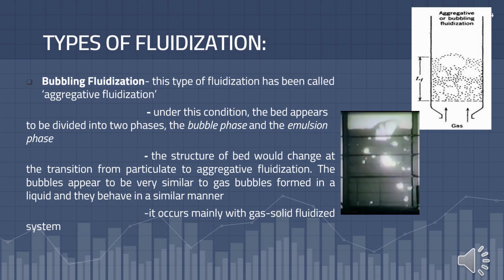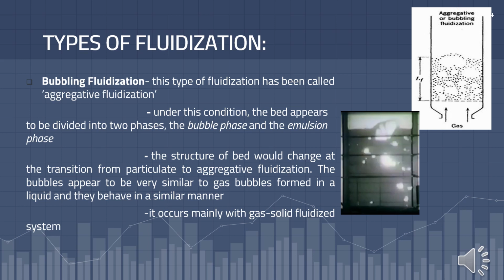Another type of fluidization is when a gas is used as the fluidizing medium. As noticed in the figures presented, as gas velocity increases, a fraction of the gas will pass through the bed in the form of bubbles. As a result, the distribution of particles inside the bed is no longer homogeneous. The bed then appears to be divided into two phases, the bubble phase and the emulsion phase.